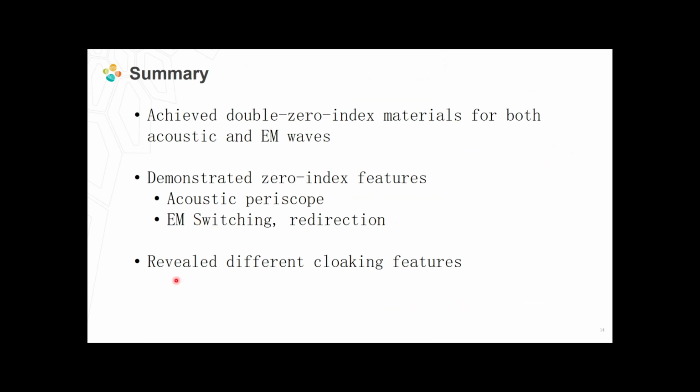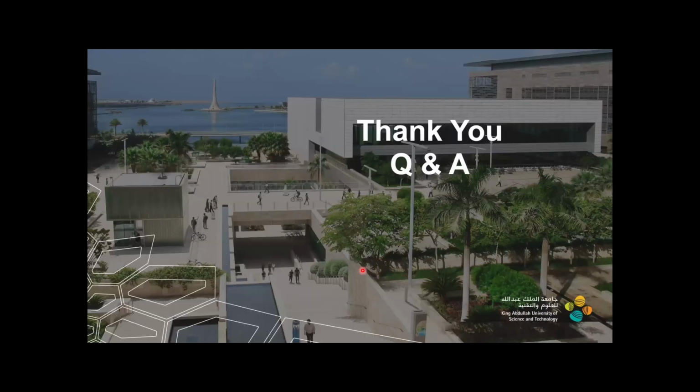And we reviewed different cloaking features or this doping effect. We found that this doping is quite significant in the 2D and 3-dimensional acoustic case, but it's not very sensitive in the 3-dimensional electromagnetic case. Yeah, so I hope I'm on time.